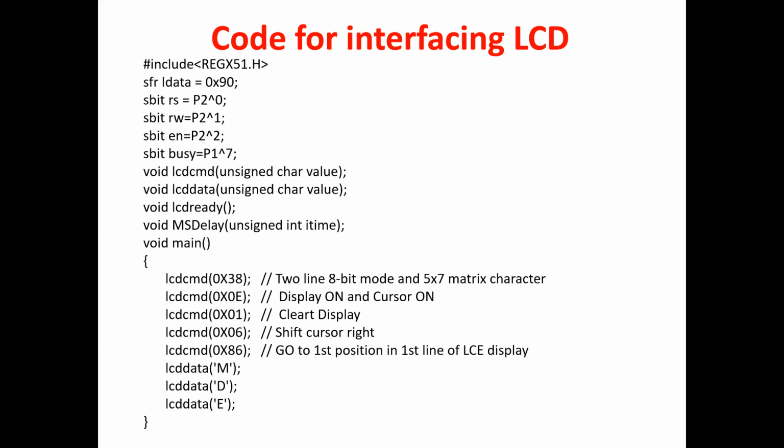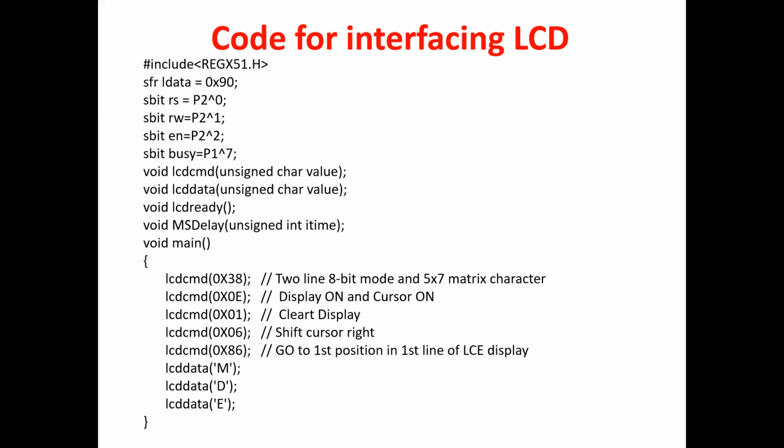The next command is 0x0E, which means display on and cursor on. So first an empty display will be there, then the display will be powered on, and the cursor will be displayed on it.